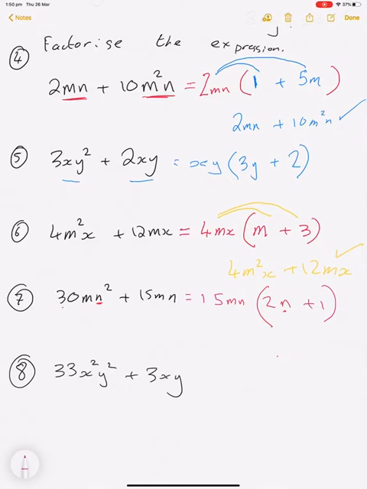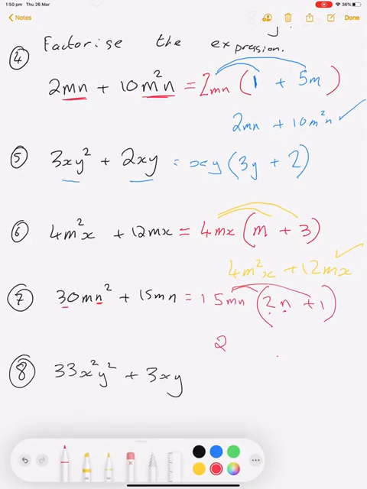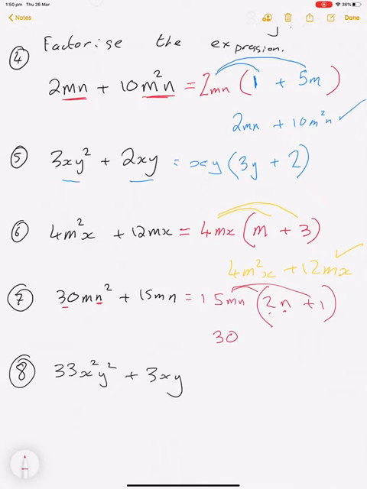Also, we have 30 here, so we need 2 here. Okay, let's multiply out. 2 times 15 is 30. We've got mn squared because we add the powers, and then finally we've got 15mn.